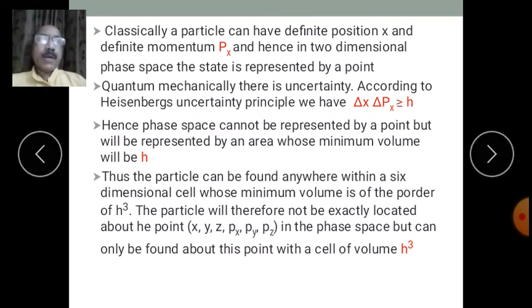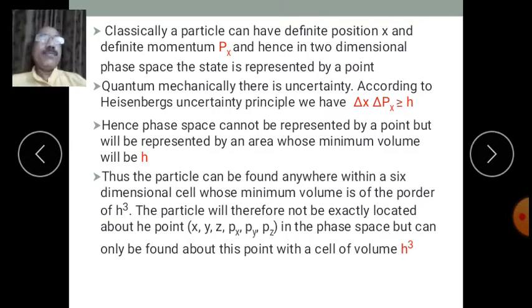We can find the position as well as momentum of any particle classically. Hence, in two-dimensional space, the state is represented by a point.